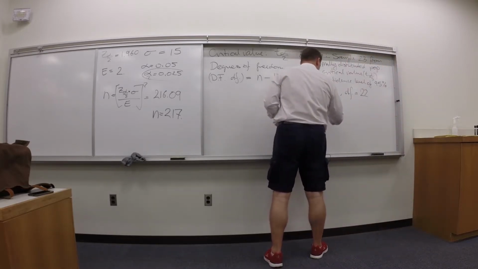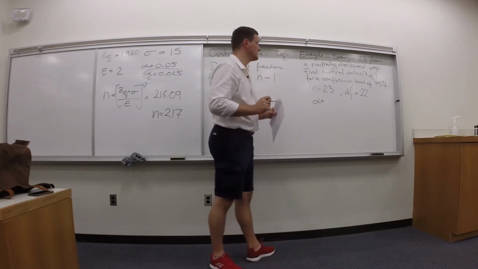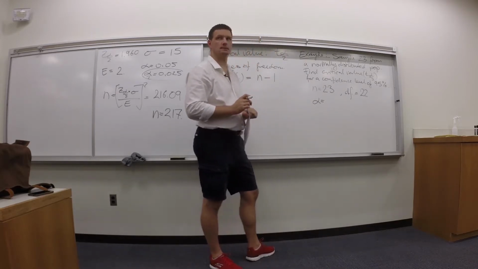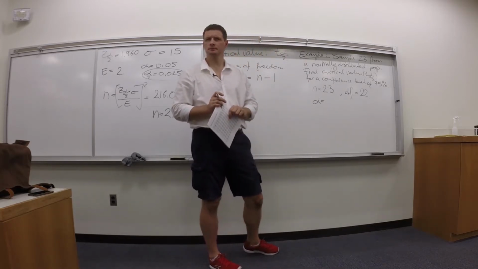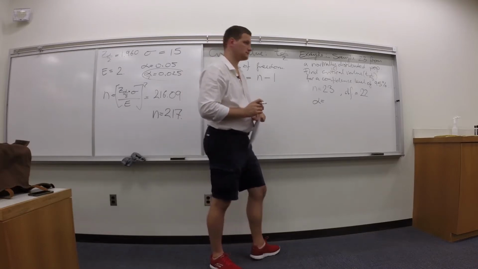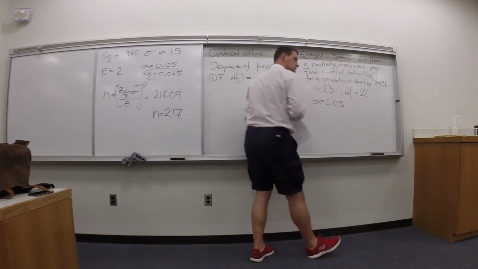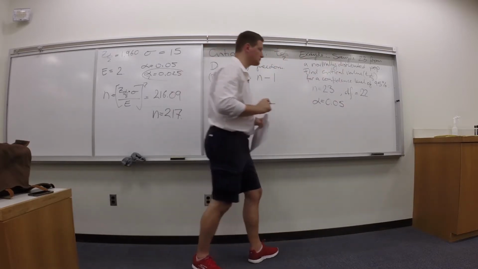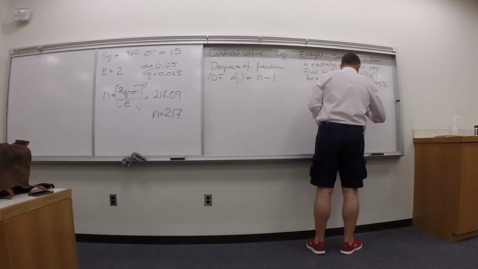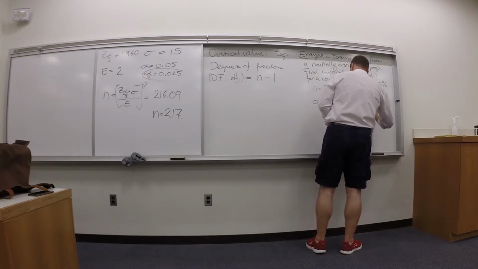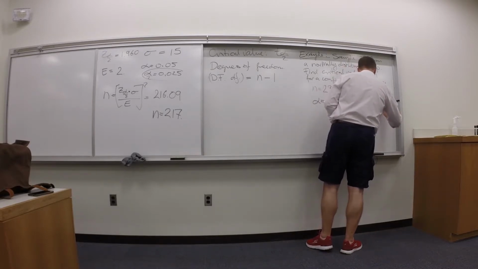Our alpha equals what? And in parentheses, alpha over 2 equals 0.025.